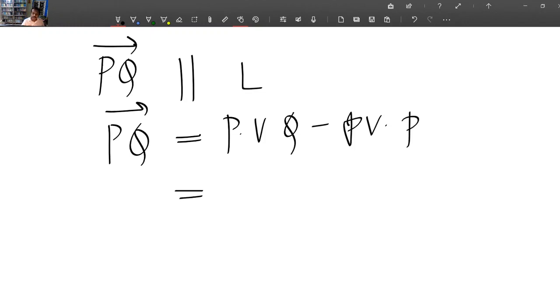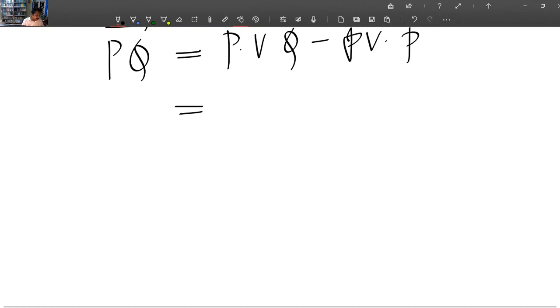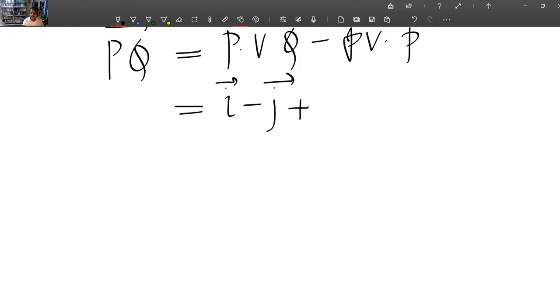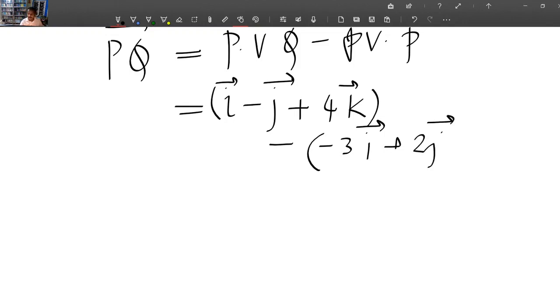So this is equal to position vector of Q, which is I minus J plus 4K, minus position vector of P, which is minus 3I plus 2J minus 3K.